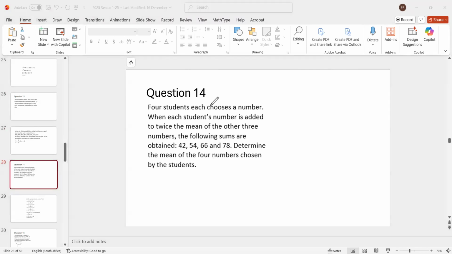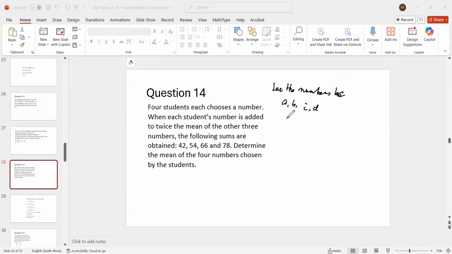At the starting point, suppose the numbers are A, B, C, and D. So you say let the numbers be A, B, C, D. They say determine the mean of the four numbers chosen.